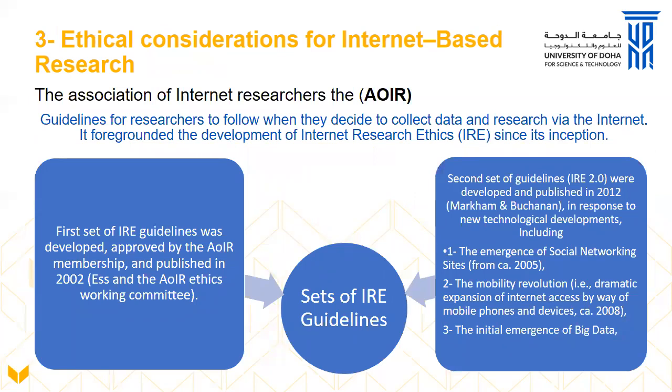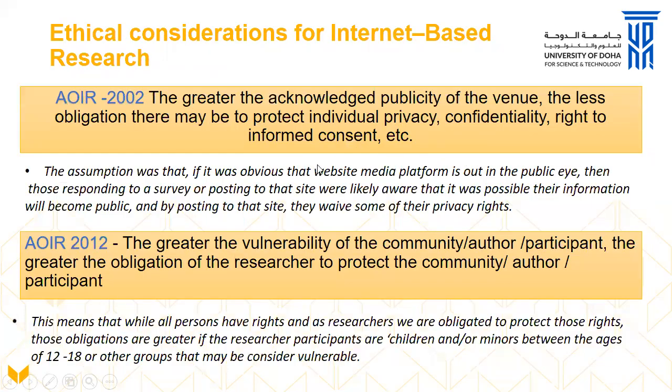As it says, the Association of Internet Researchers, AOIR, have been setting some standards for research. And we've got two basic important standards. One started in 2002 and the other one, well, it says here 2005, but they actually published their particular standards in 2012.